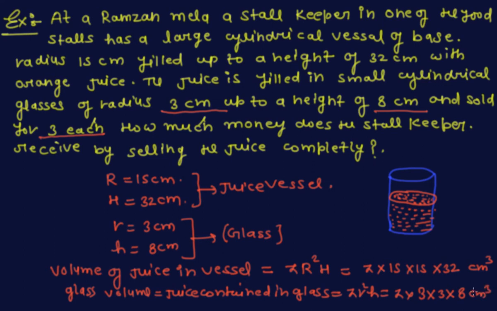Now I find the number of glasses of juice that are sold. Basically it is the volume of the vessel upon the volume of each glass.